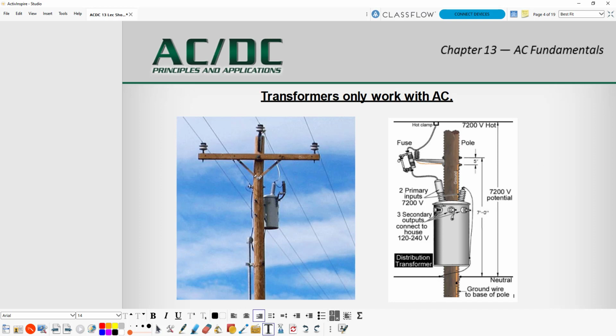And of course, as we've all seen all of our life, the pole-mounted transformer in between will step that high voltage of 7,600 volts down to two legs. It's not two phases, but two legs of 120 volts.